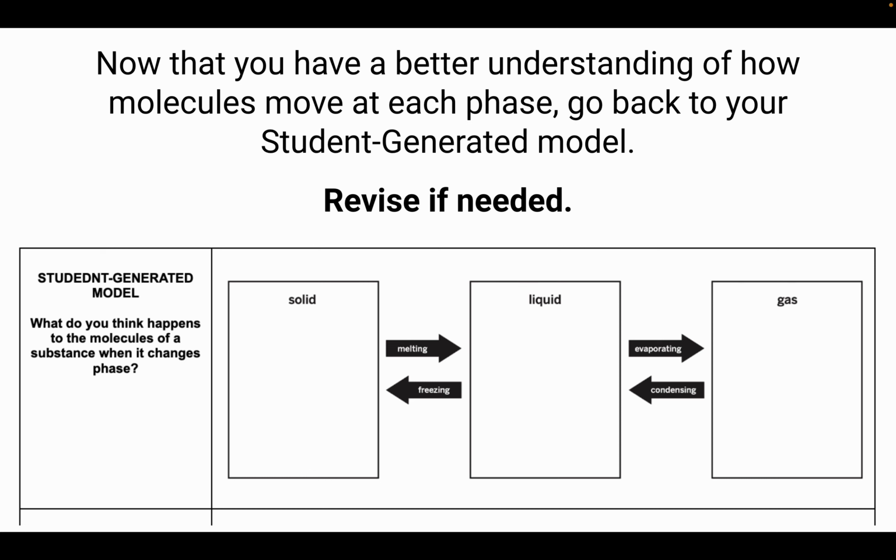All right, so now that you've got a better understanding of how the molecules move at each phase, I want you to go back to your student-generated models. This is on page 4 or 5, I think. I can't remember. You had already gone through and drawn a picture of molecules. I think we used circles to represent 6 molecules of water.